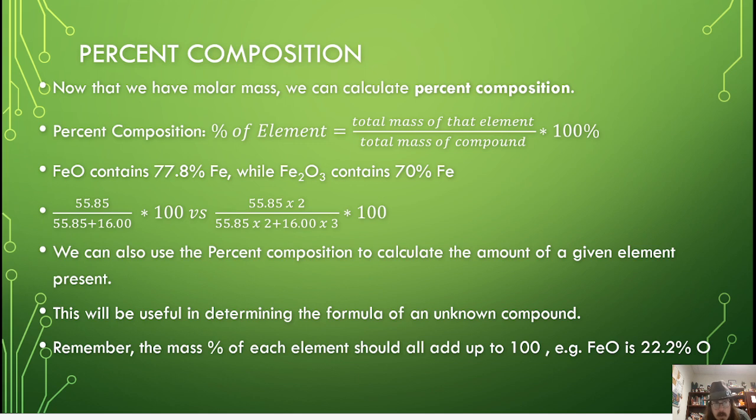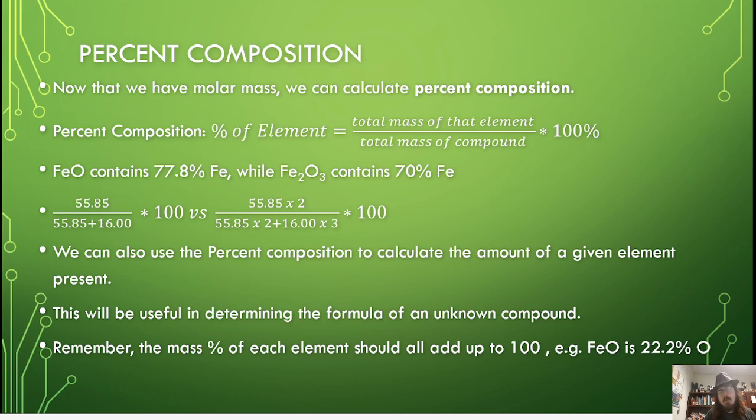So if I'm looking at iron 2 oxide versus iron 3 oxide, iron 2 oxide is made up of 77.8% iron by mass, while iron 3 is 70% iron by mass. Even though there are more irons, 2 for 1 molecule in iron 3, there's 3 times as much oxygen.